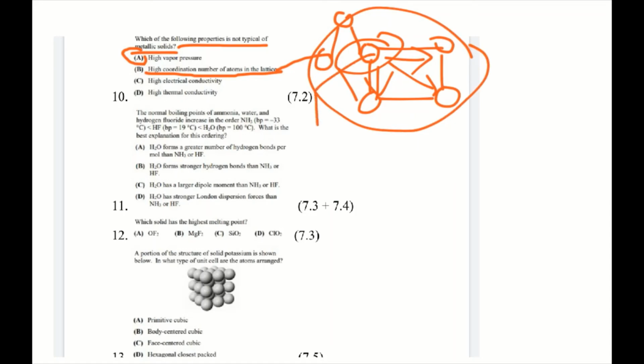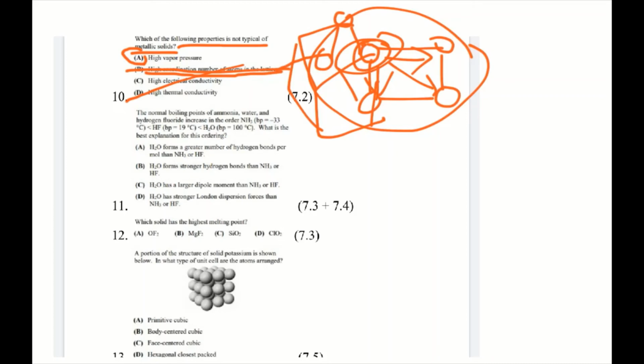There are more cubes going on in other places, so this atom over here is connected to a lot of things. Because of that, these metals will have high coordination numbers. So B is not the answer. C and D are just conductivity, and we know that metals have high electrical and thermal conductivity. So C and D are out, and A is our answer.